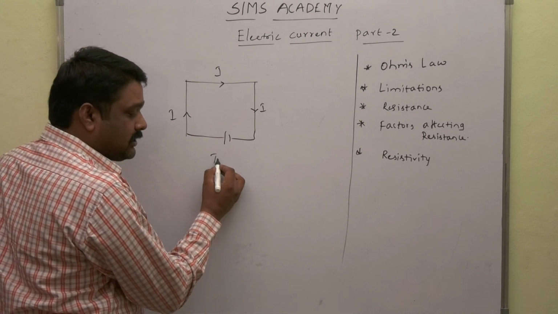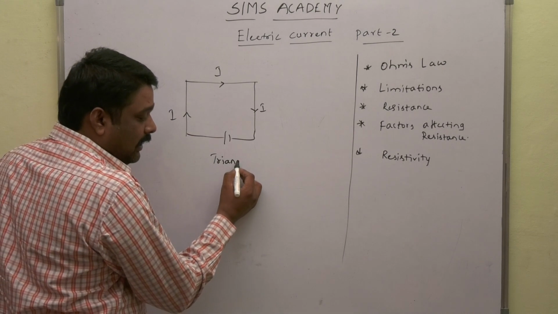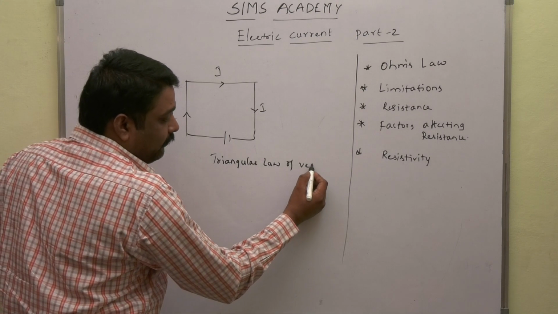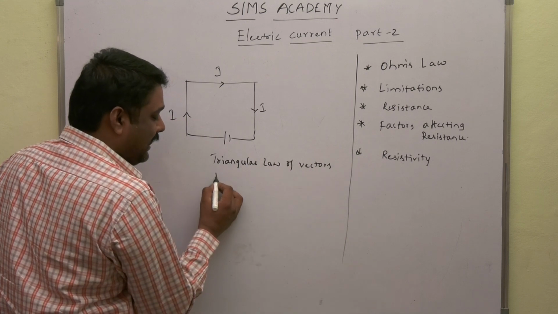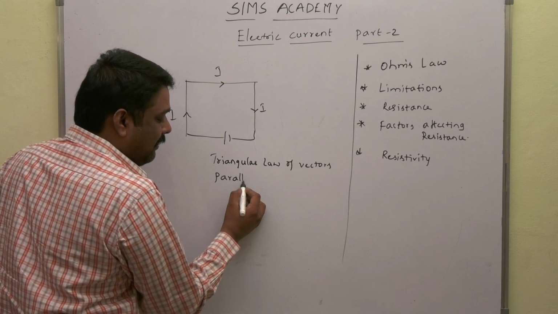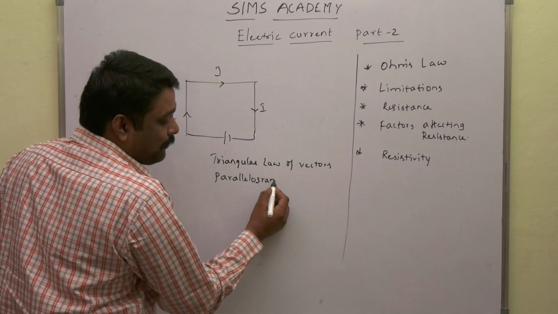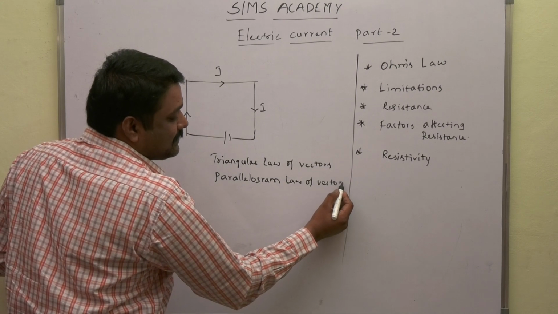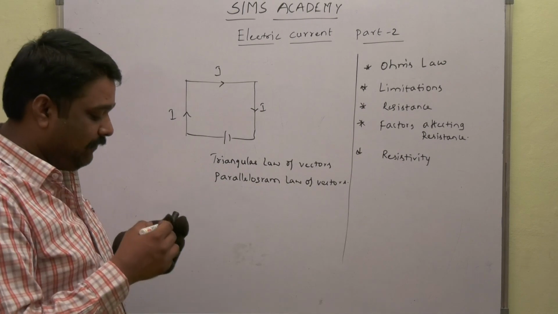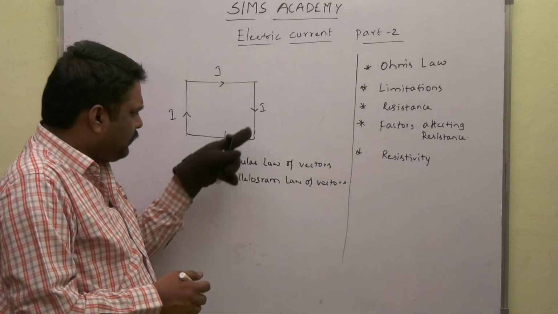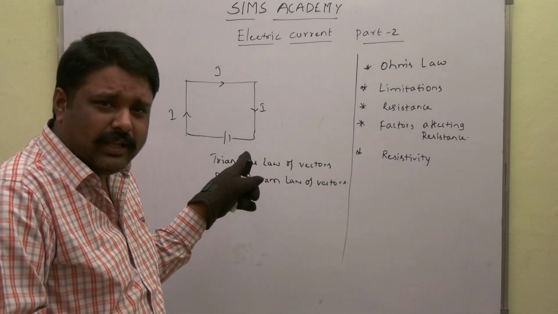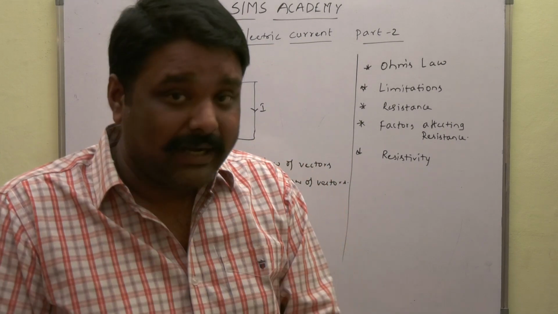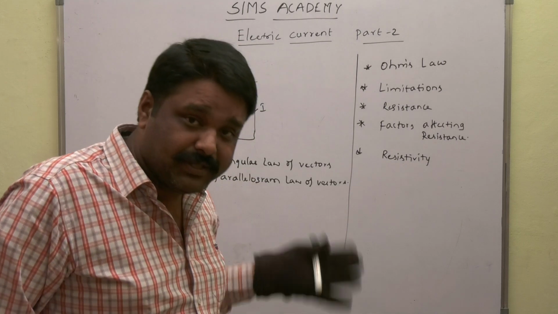What are those two laws? The triangular law of vectors and the parallelogram law of vectors. If we consider coming back to the same position, the electric current should be zero in the circuit, but it is not zero, some current is present.